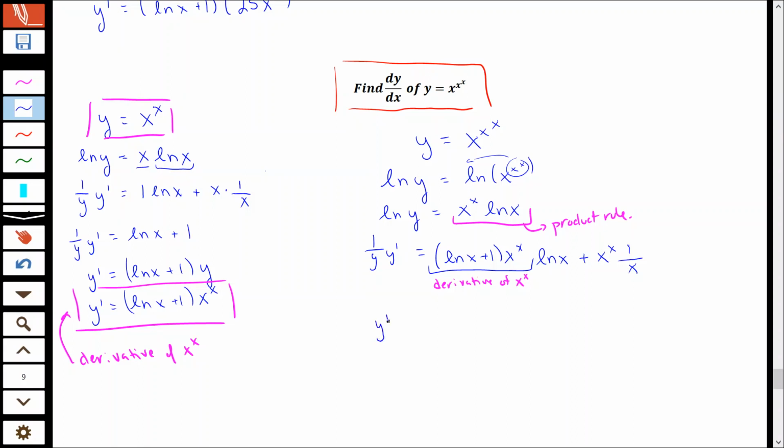So we've got that y prime is equal to our ln x plus 1 times x to the x ln x. I could multiply this through a little bit more, but I'm just trying to keep things as simple as possible right now. And I want to multiply this entire thing by that y.